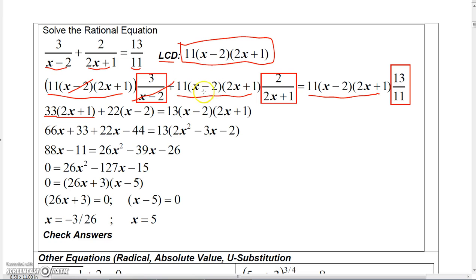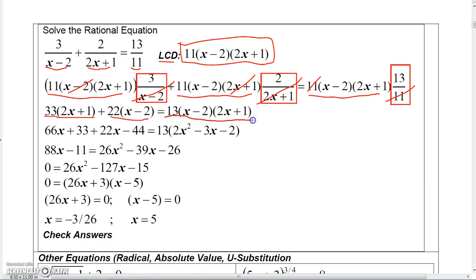Now if you multiply here, your 2x plus 1 is going to cancel, and you're going to have 2 times 11, which is 22, times the x minus 2. Now over here to the right of the equal sign, the only thing that's going to cancel is the 11, and so you're going to have 13 times x minus 2 times 2x plus 1.